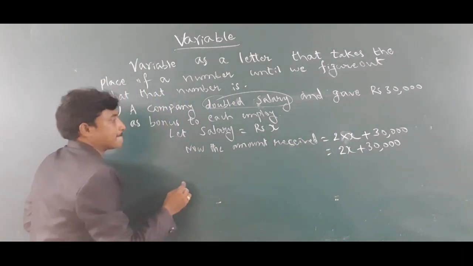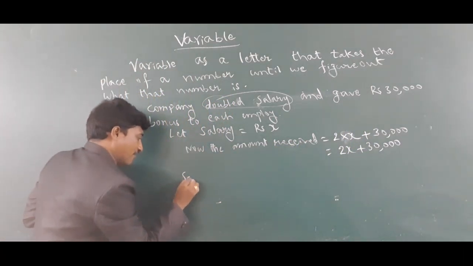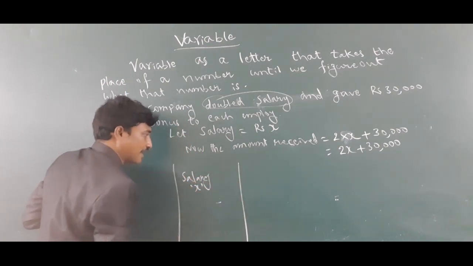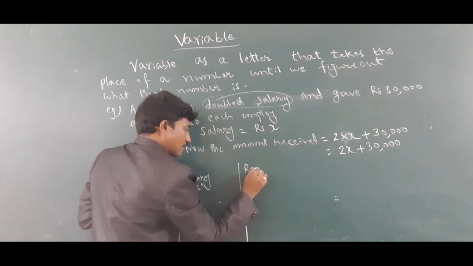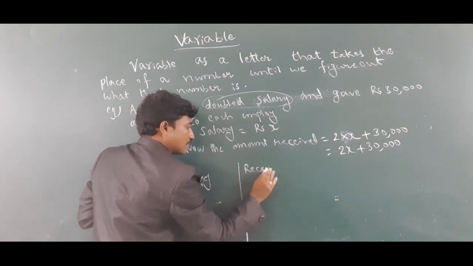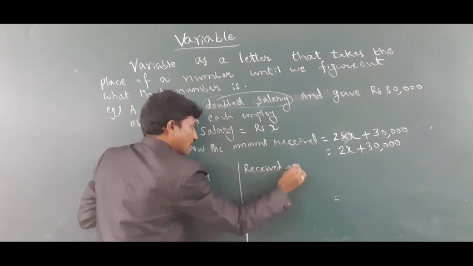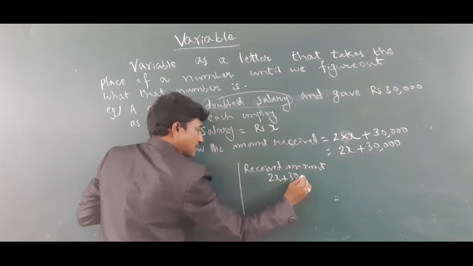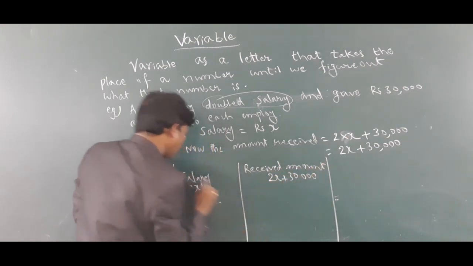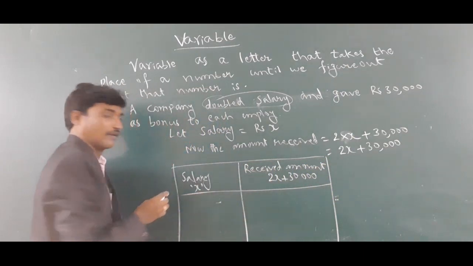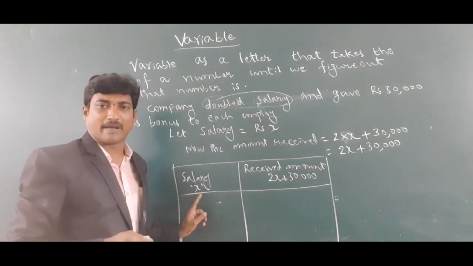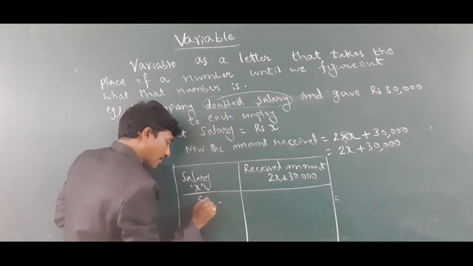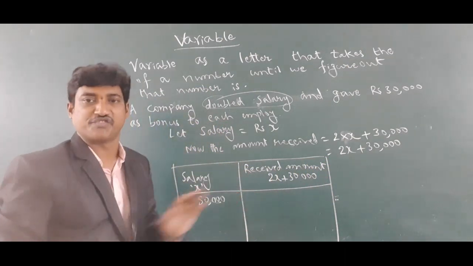See, if his salary is X, then the amount he received is 2X plus 30,000. If an employee's salary is 50,000 rupees, what is the amount he received?